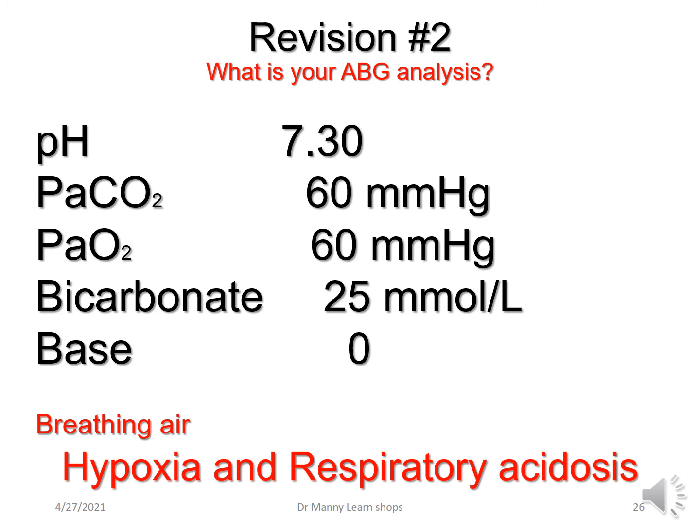PaCO₂ is high, they're hypoventilating, it's greater than 45. Their bicarbonate is normal, their base is normal, and they're hypoxic. Their PaO₂ is less than 80 millimeters of mercury, it's 60. They have hypoxia and a respiratory acidosis, for whatever the reason.